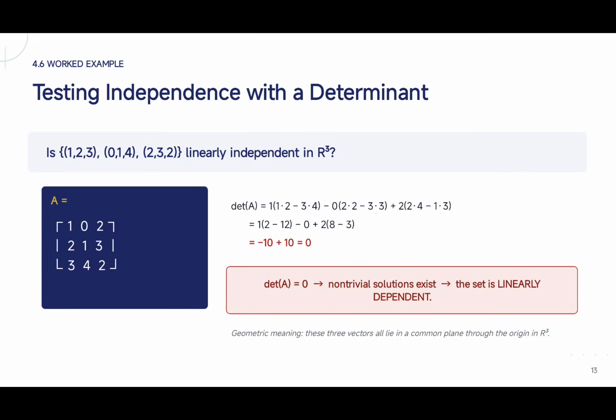So this set is linearly dependent. Geometrically, that means these three vectors all lie in one common plane through the origin. Even though none of them is a multiple of another, together they are flat.